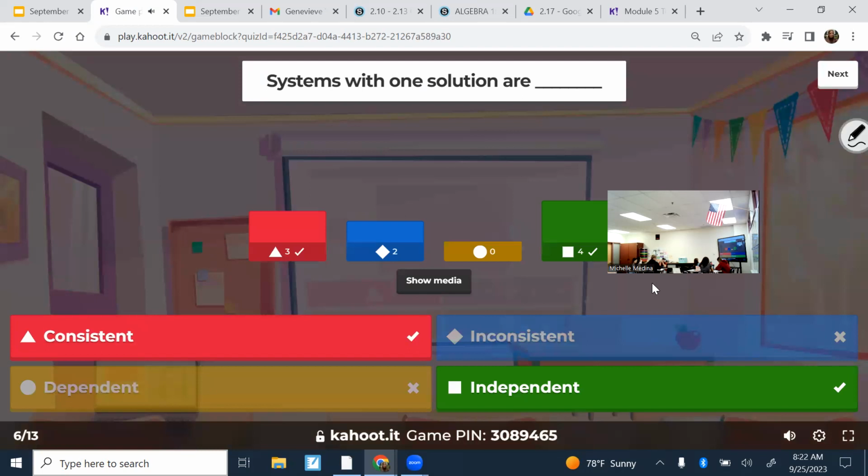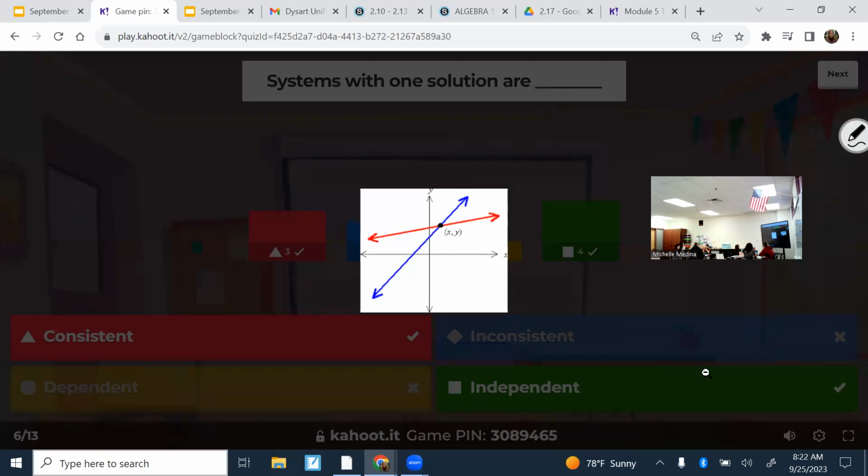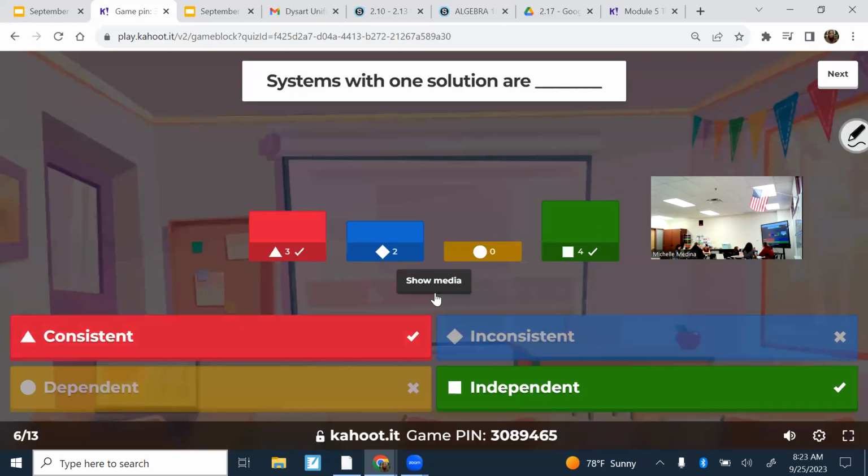Okay, so on your test this year, it's not going to be really majorly important that you know this vocab. In the past it was, so that's why it's on this Kahoot. I made this Kahoot before. Anyway, just on a side note, if you see that it has one solution, it's technically consistent and independent. It's both at the same time. Inconsistent would be like no solution. And then I forget what dependent is, but yeah, you don't need to know the vocab this year.